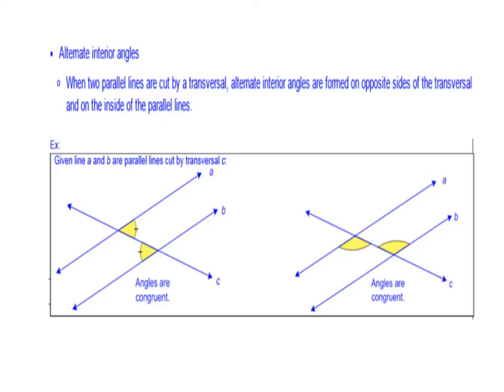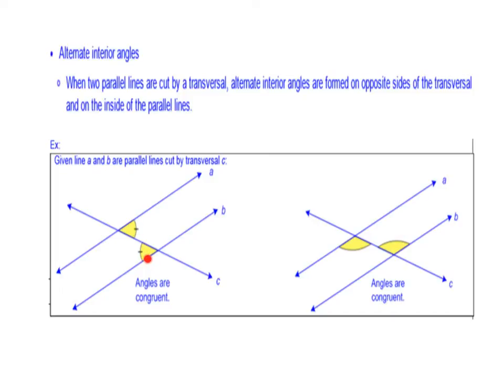So when you look at the first example, it says you have lines A and B, and they're parallel, but they're cut by the transversal C. So when they're cut, they form alternate, one side, other side, alternating sides.